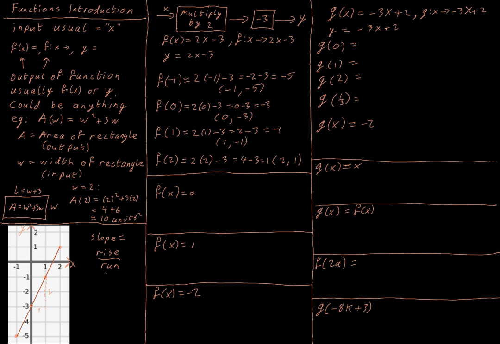If we rise a lot when we only go across a little, that means we'd have a steep slope. So our slope comes from the number in front of the x, because if we increase x by 1, we're going to increase y by 2. So this number in front of the x gives us our slope. And that's an important idea to keep in mind as we go forward with functions.